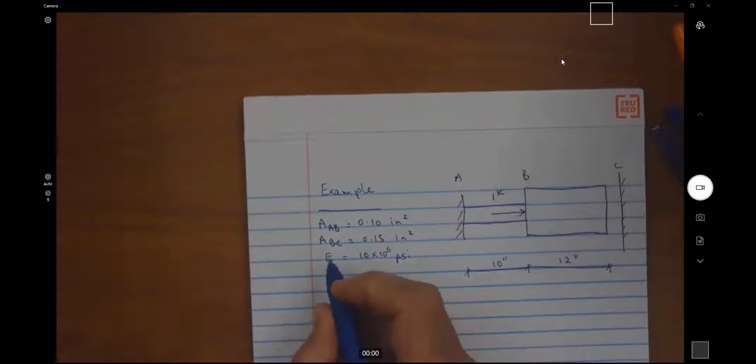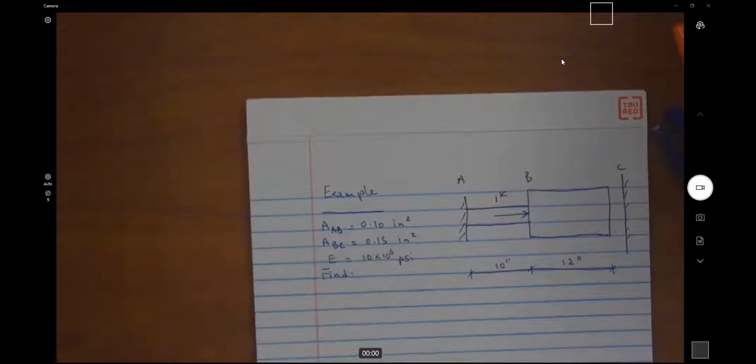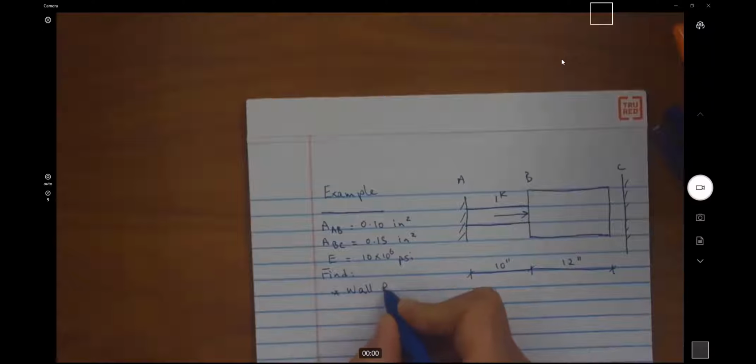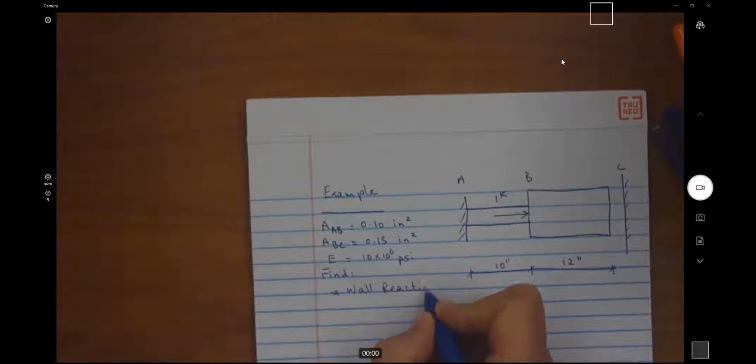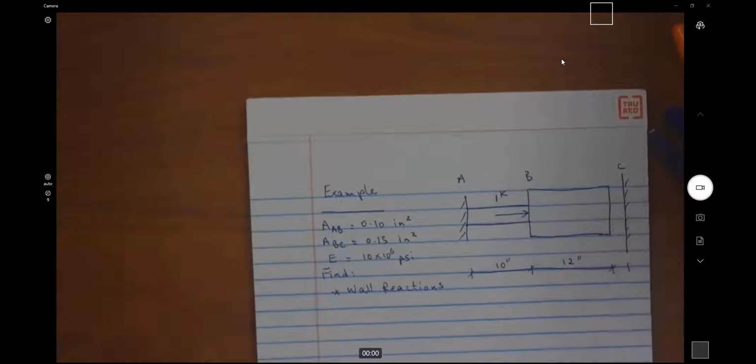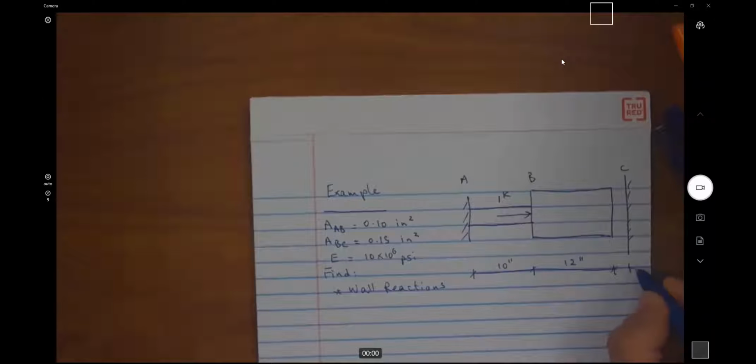We are asked to find the wall reactions, and we have one wall to the left here, A. We have another wall to the right, C. And the gap between the part and C, this distance, is equal to 0.002 inches.